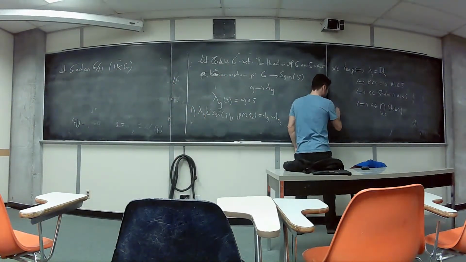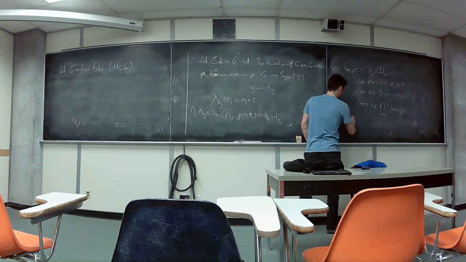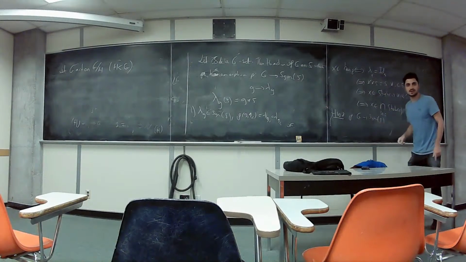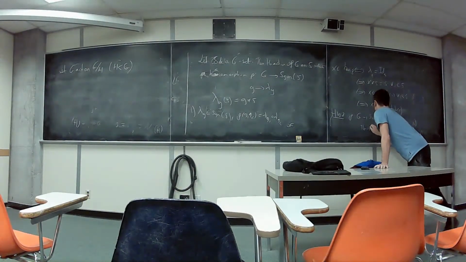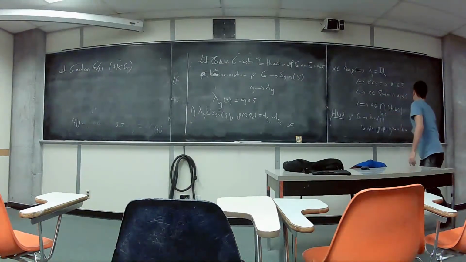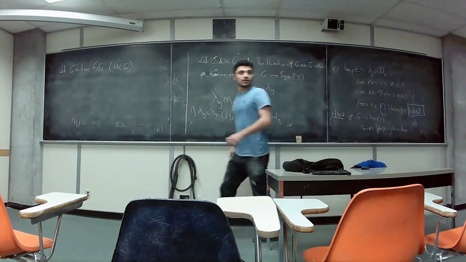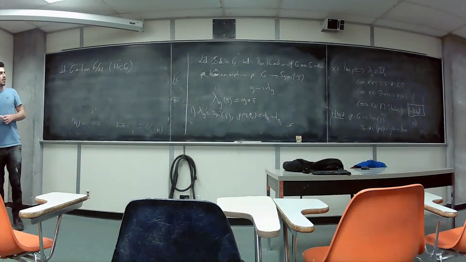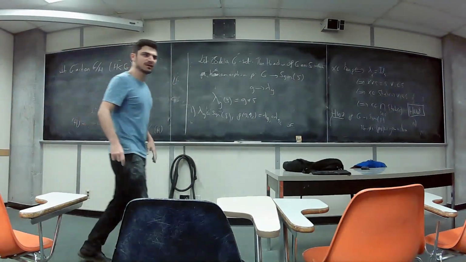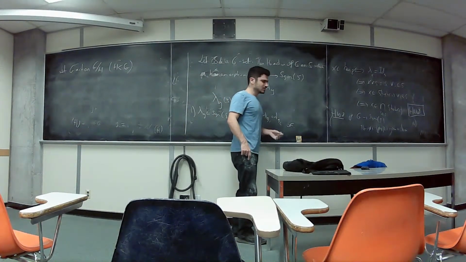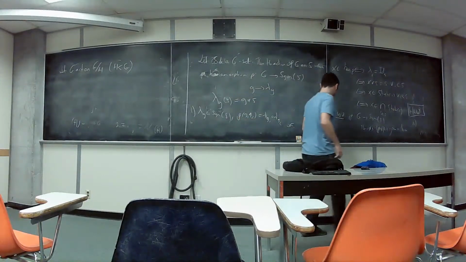If you take homework 8, if rho is a homomorphism from G to Sym S, then you have an action of G on S, where g star s, which is equal to rho g of s, is an action. See homework 8, very important also. Homework 8, question 2 or question 1 maybe, right? I can't remember.